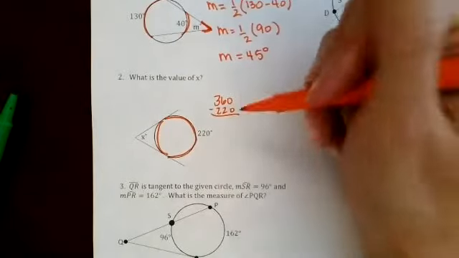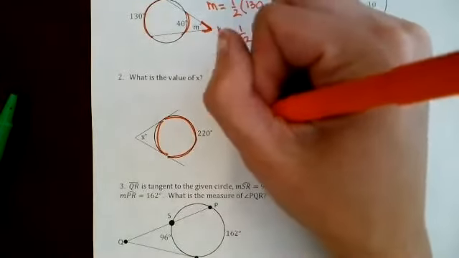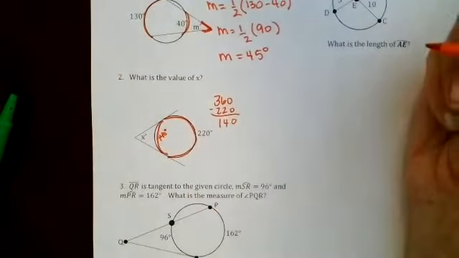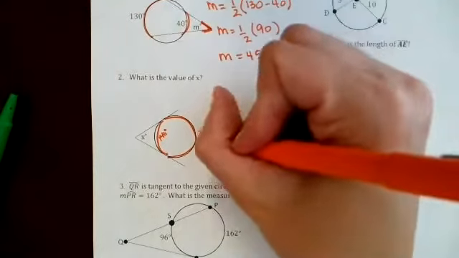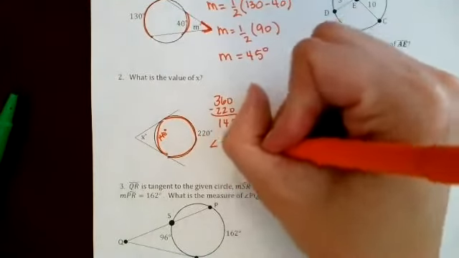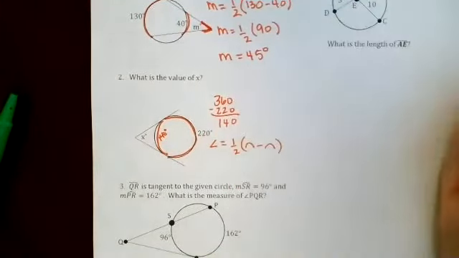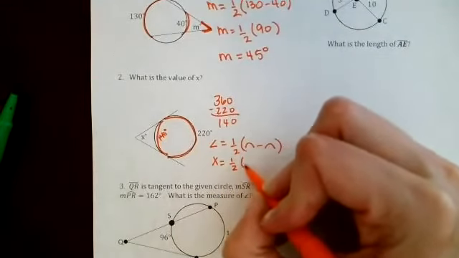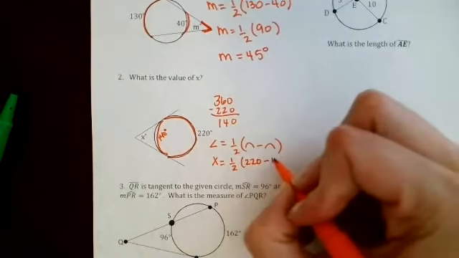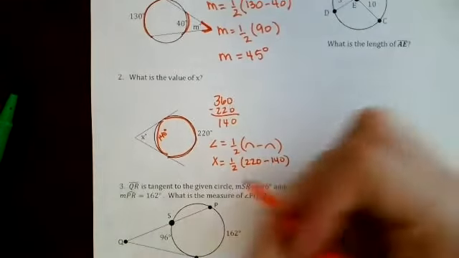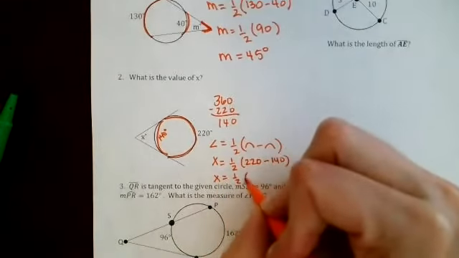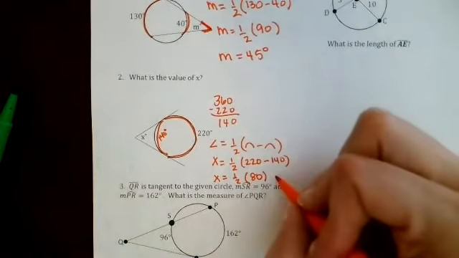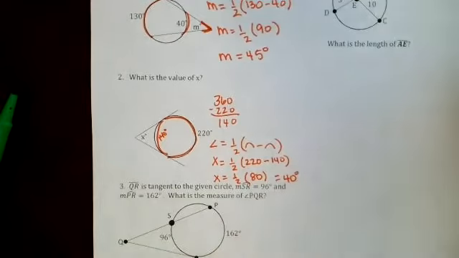So I take what I know, the 220, away from 360, I get 140. That's this arc here. Now I can use my formula. My formula was the angle is equal to 1/2 arc minus arc. So X is equal to 1/2 of 220 minus 140. So X is equal to 1/2 of 80, which would equal 40 degrees.